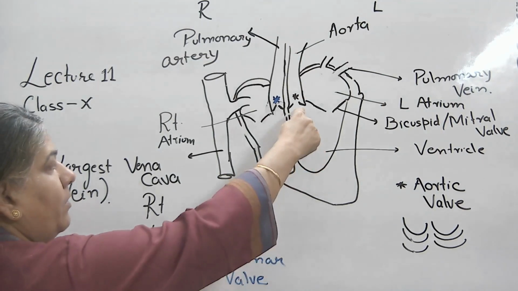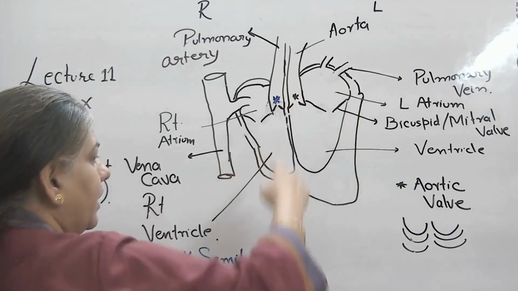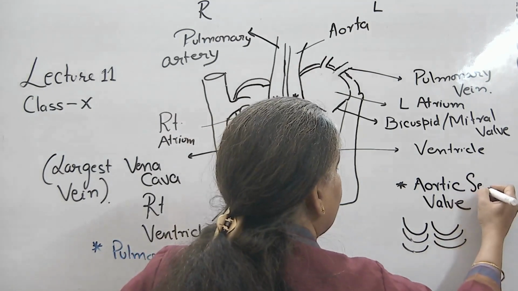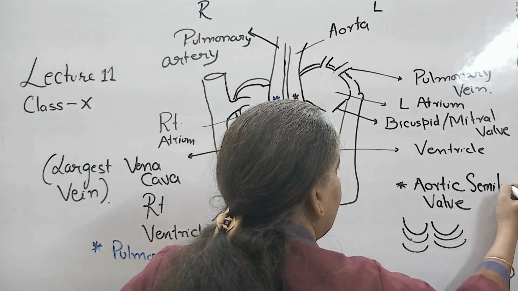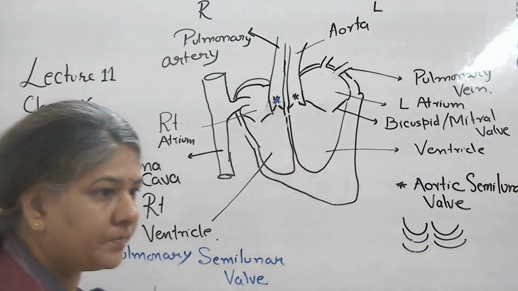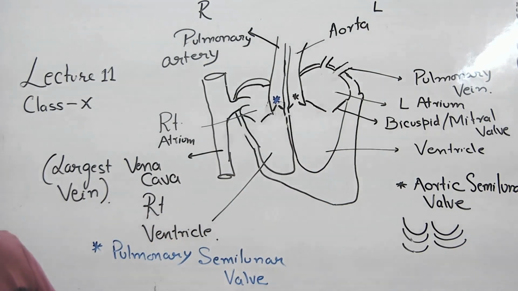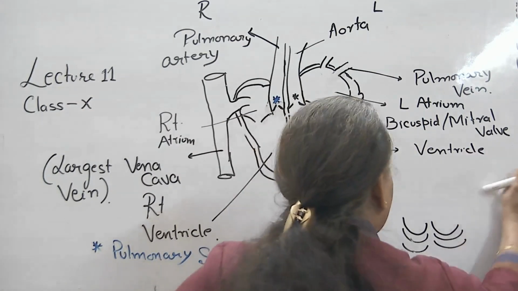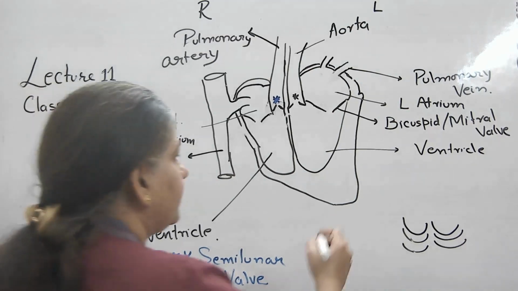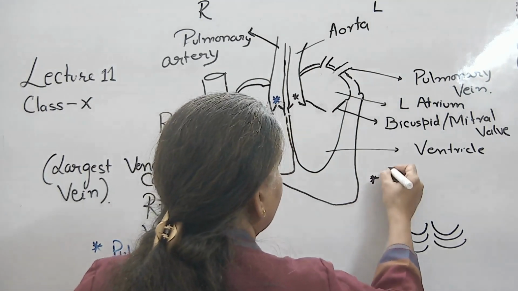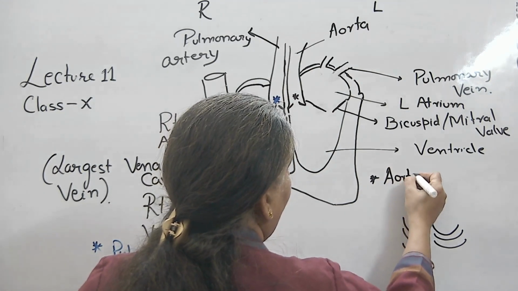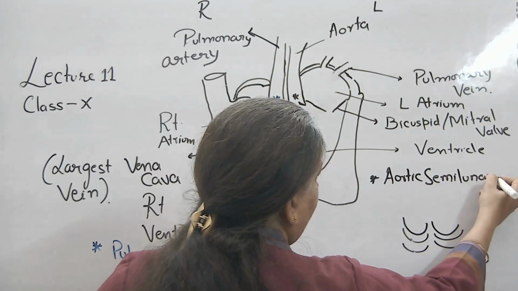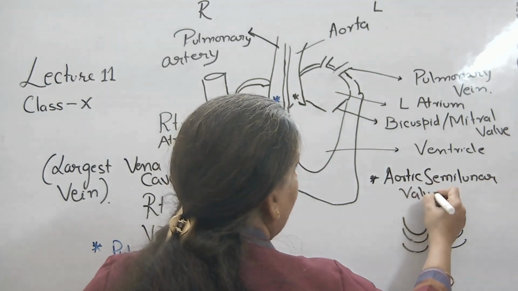One is aortic valve, it is also called aortic semilunar valve. Okay, write it once again. Aortic semilunar valve.